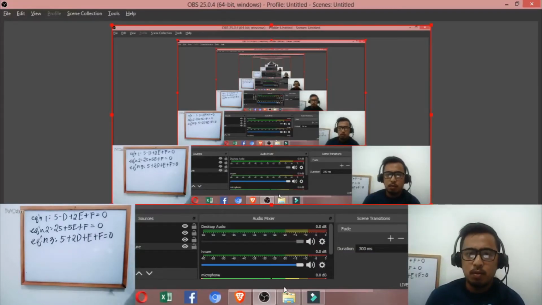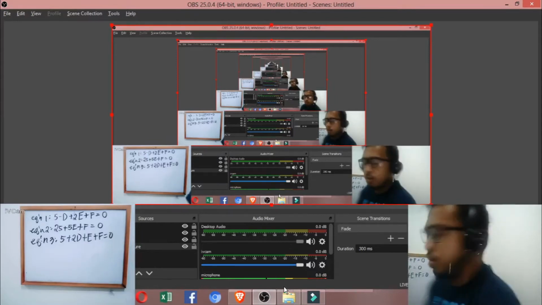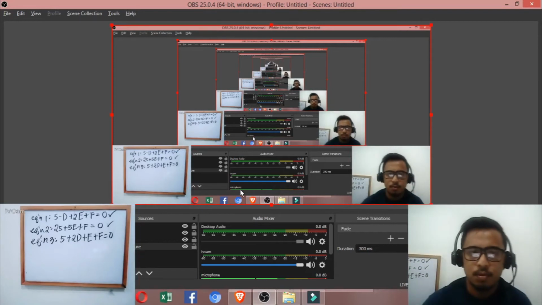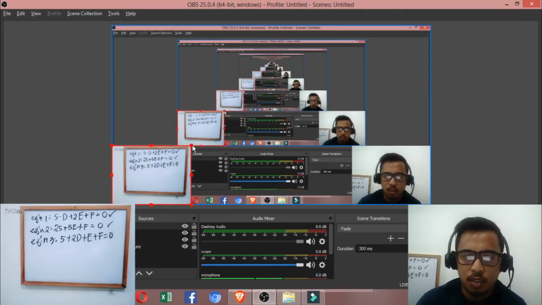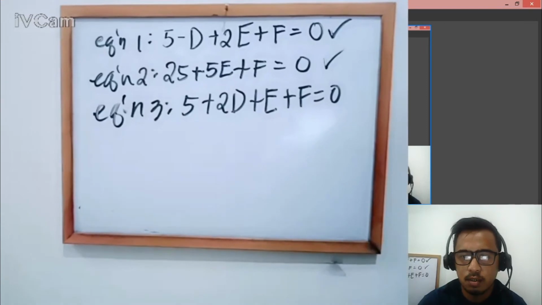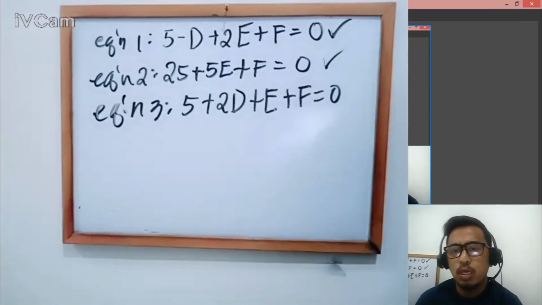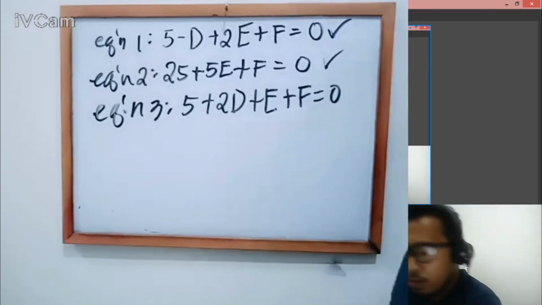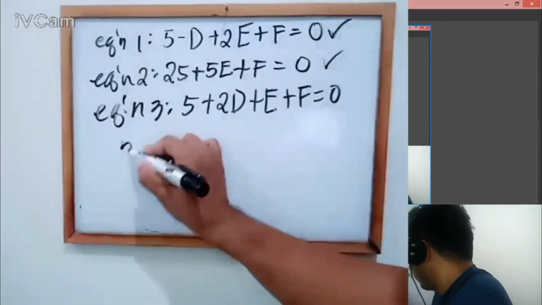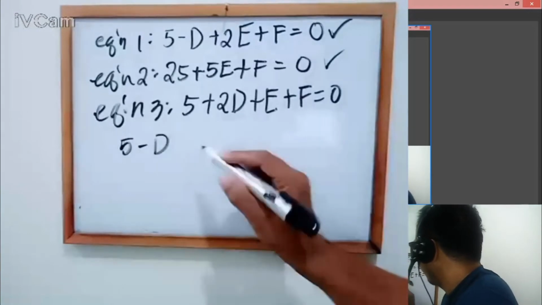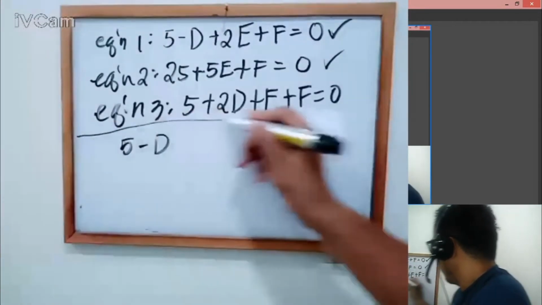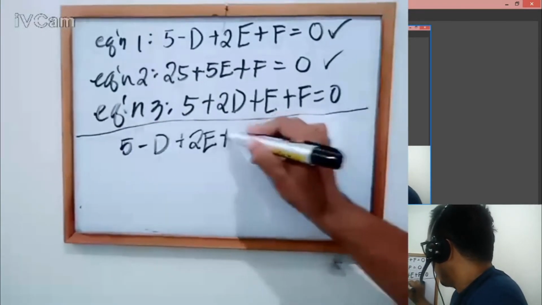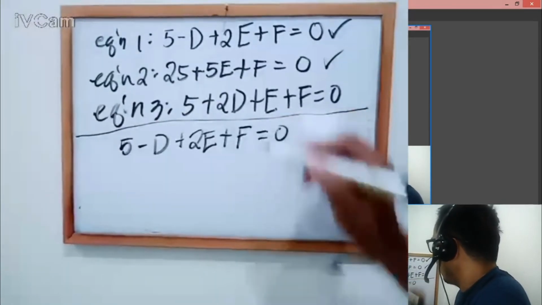Now we will be combining equation number 1 and equation number 2. So let's adjust this. We will eliminate one of the unknowns. So we have here equation 1, 5 minus D plus 2E plus F equal to 0.